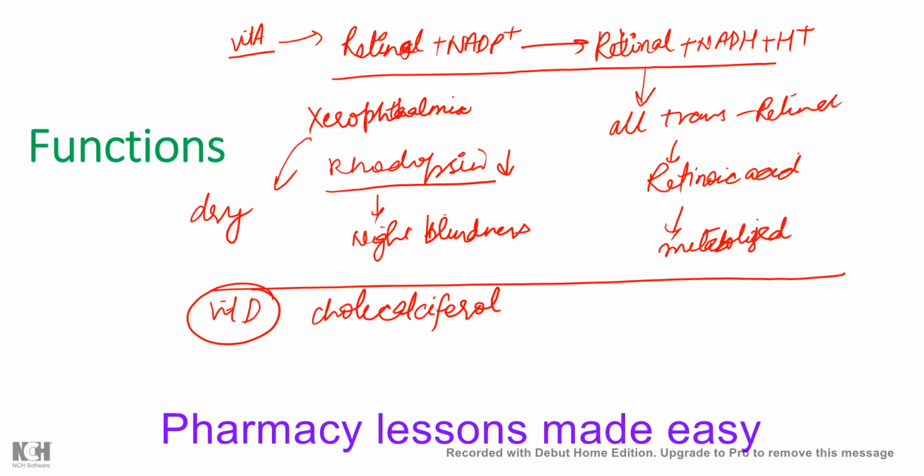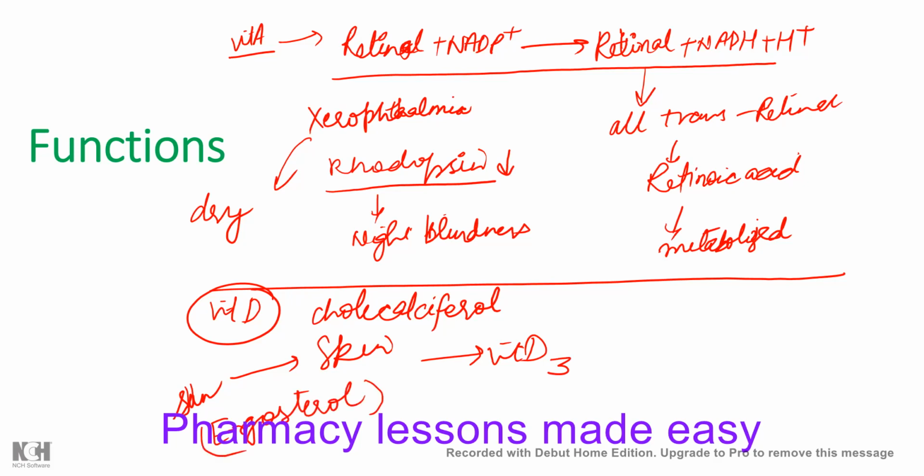If we talk about its source, the source of vitamin D is skin. From sun radiations, our skin forms vitamin D, right? So vitamin D3 is synthesized in the skin from a cholesterol derivative, which is ergosterol.